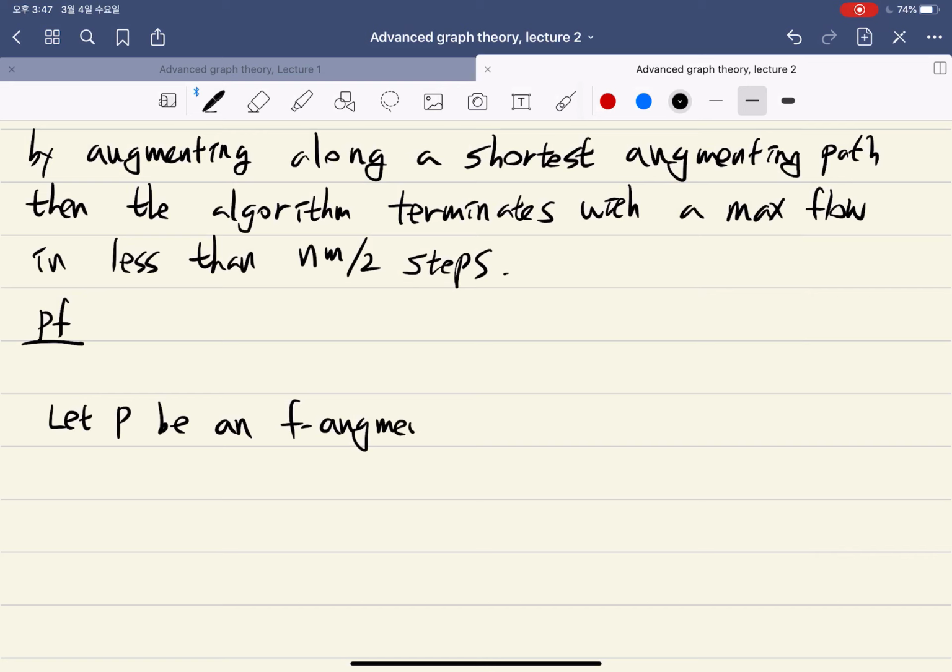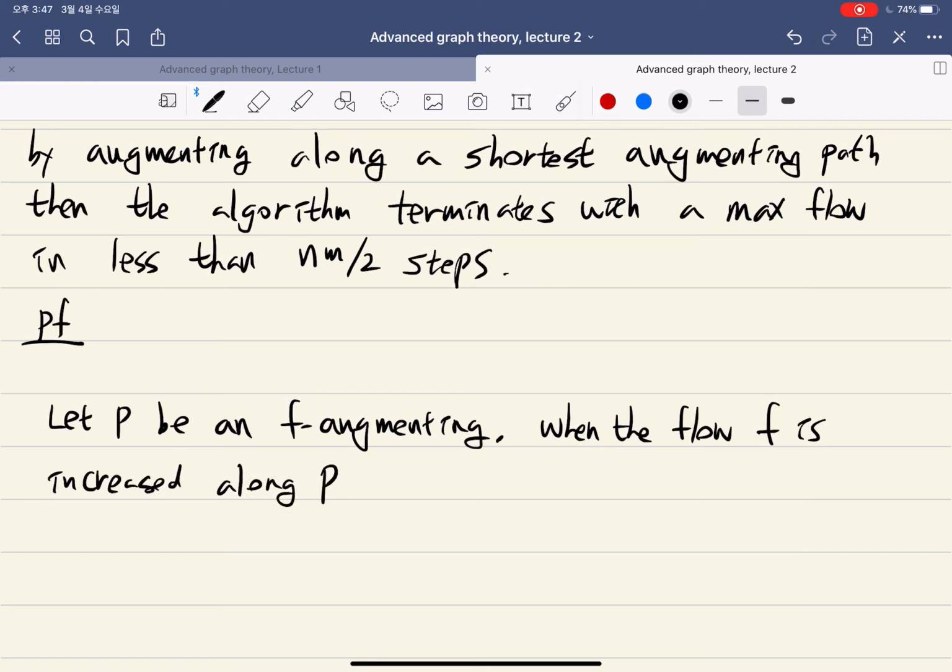So flow F is given, and P is an F augmenting path, and the flow F is increased along P by amount epsilon P. So that's the amount that we increase.